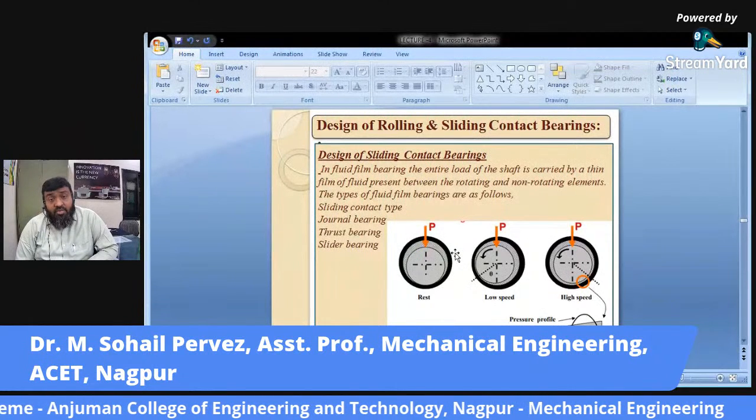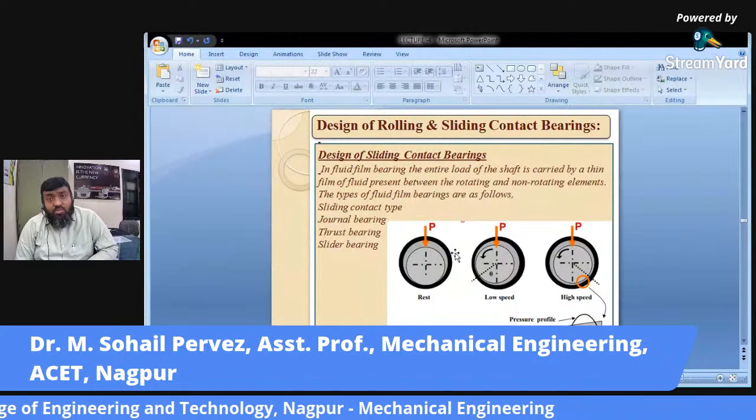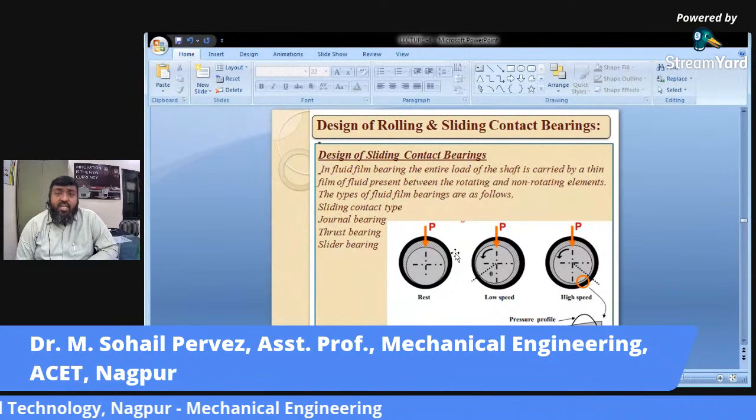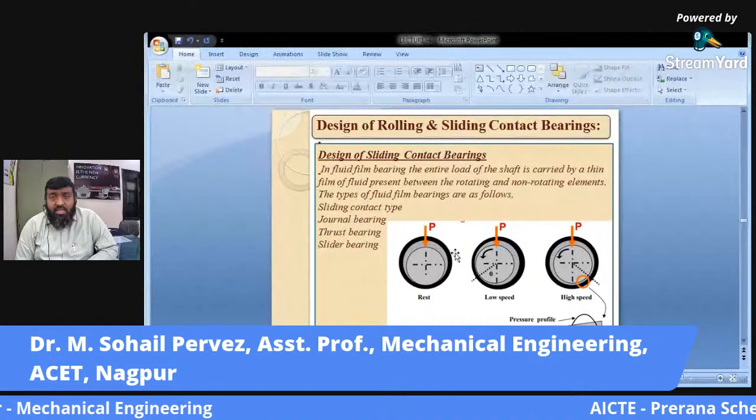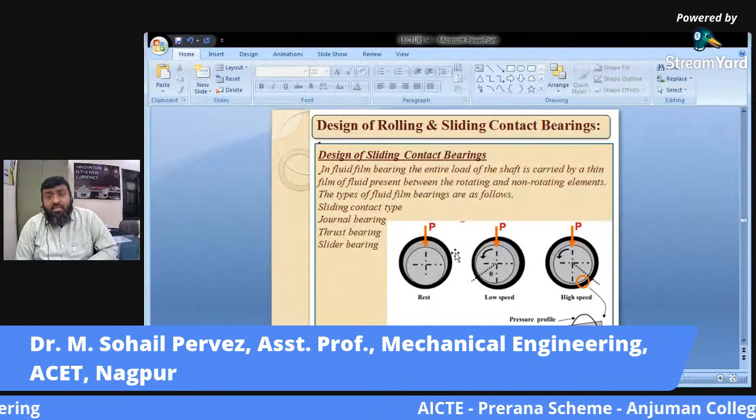The second type is hydrodynamic, which is most widely used, as the hydrostatic type of lubrication is a costly affair as compared to hydrodynamic.